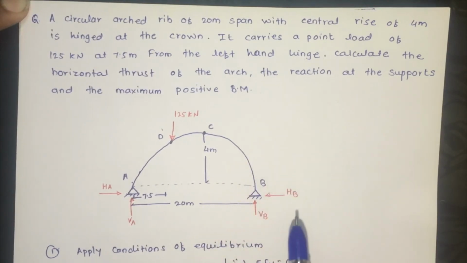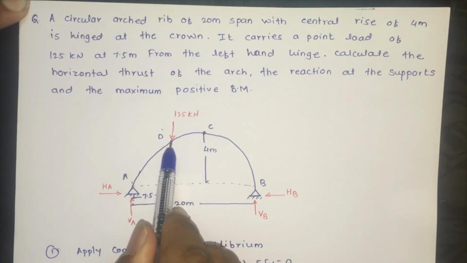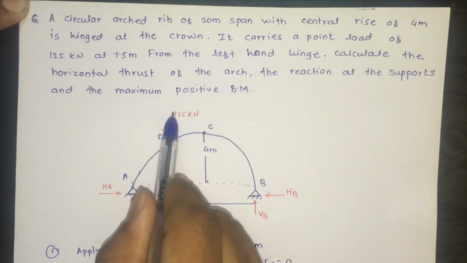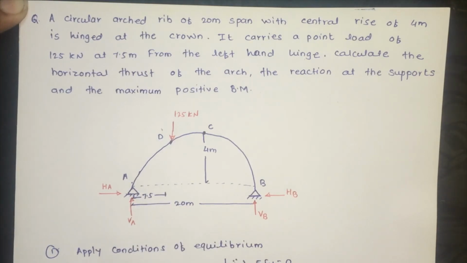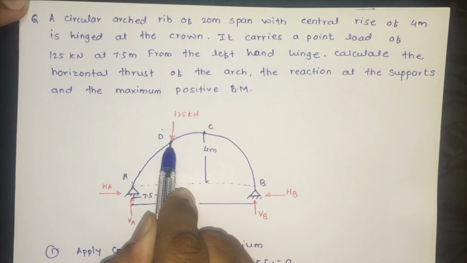After seeing this diagram, we can say that the maximum bending moment occurs at this point D, that is below the concentrated load. So if I want to find out the maximum positive bending moment, we have to calculate the bending moment at this point D, and this bending moment at point D is the maximum positive bending moment.